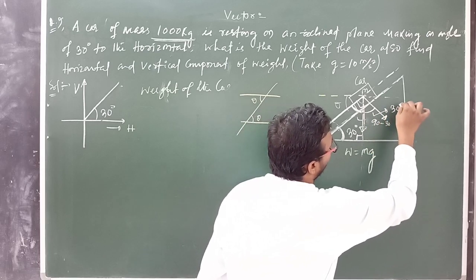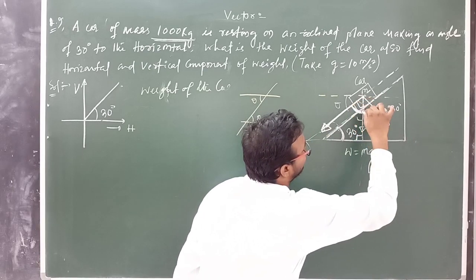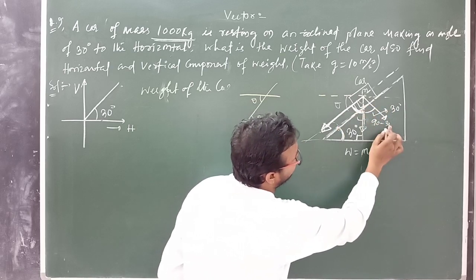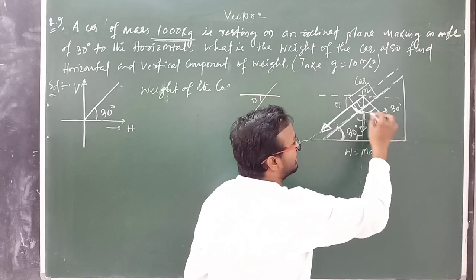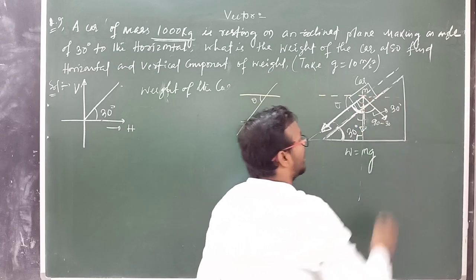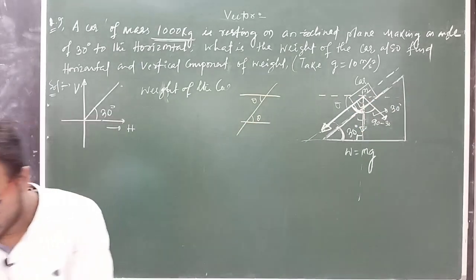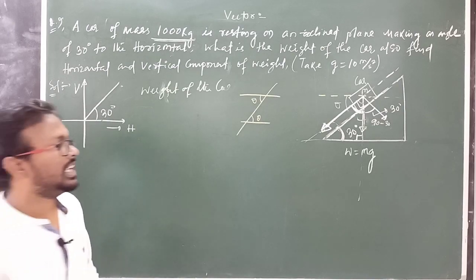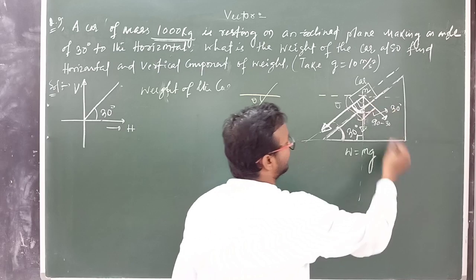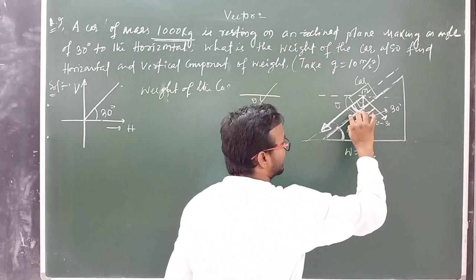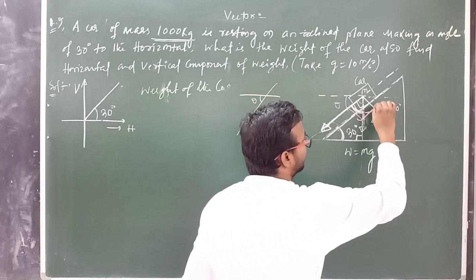This angle is also 30 degree. Why? Because this total angle is 90 minus theta, or 90 minus 30, but this angle will be 30 because the total angle is 90 degree. The angle between two rectangular components is always 90. If this angle is 90 minus theta, then this angle must be theta. Clear?